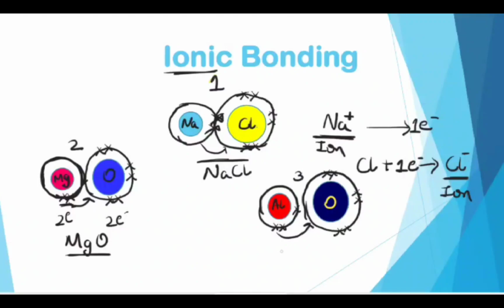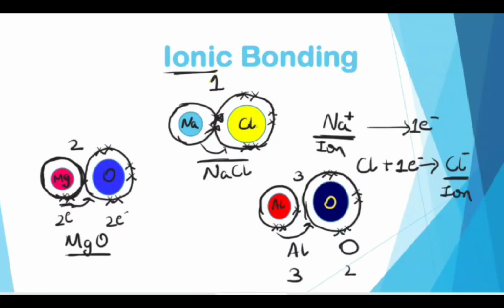Now this aluminium and oxygen form an ionic bond. Here valency has a very important role. The valency of aluminium is 3, correct children? The valency of oxygen is 2.